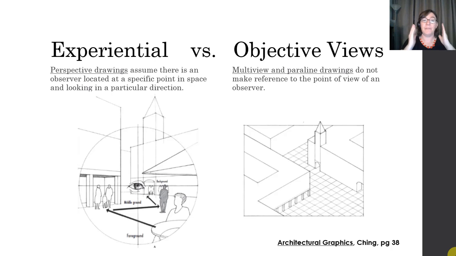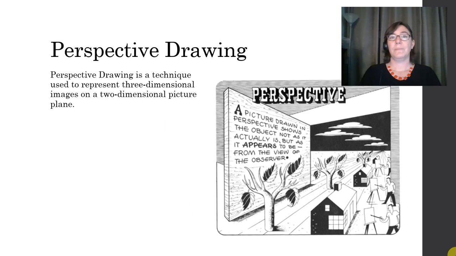The one on the left is from a specific observed point. And the one on the right doesn't have any reference to a particular camera angle, camera view. So perspective is the drawing system where the object is not drawn as it actually is, but it's drawn as it appears from the point of view of an observer.